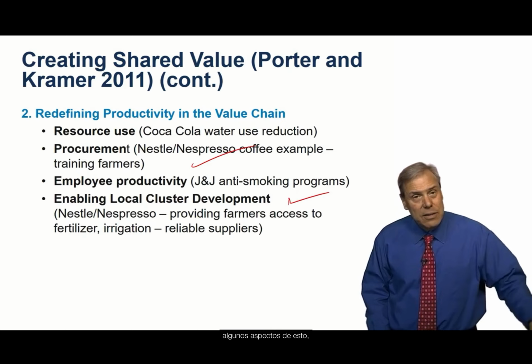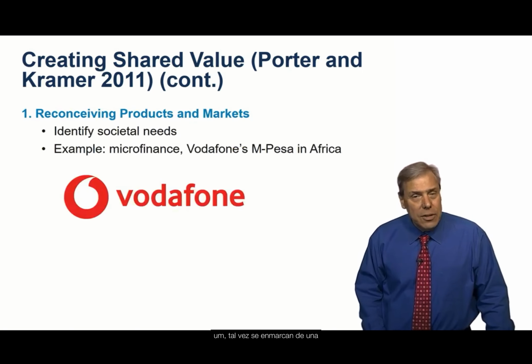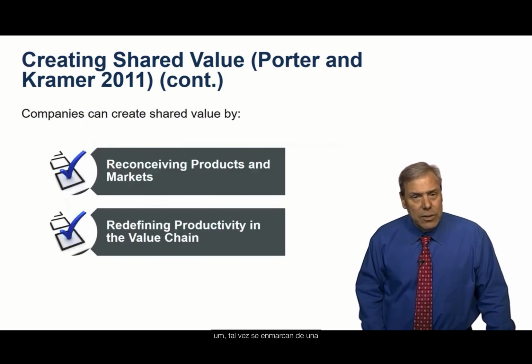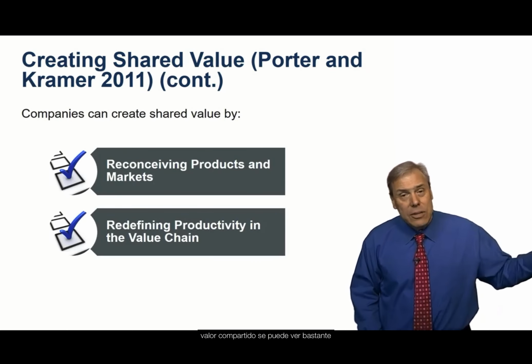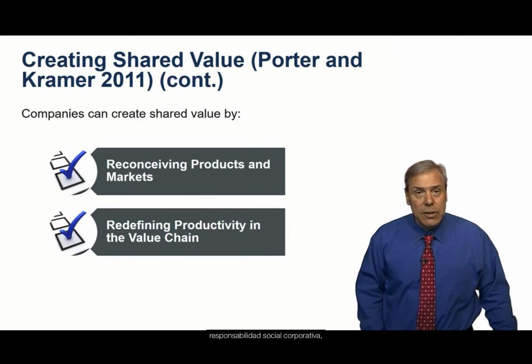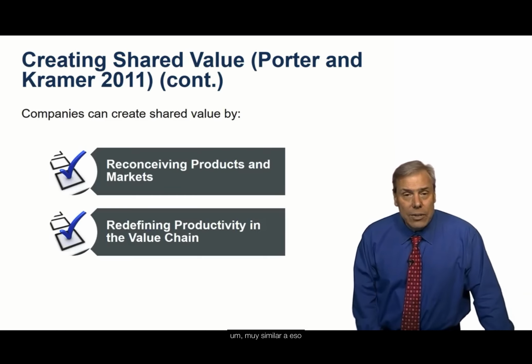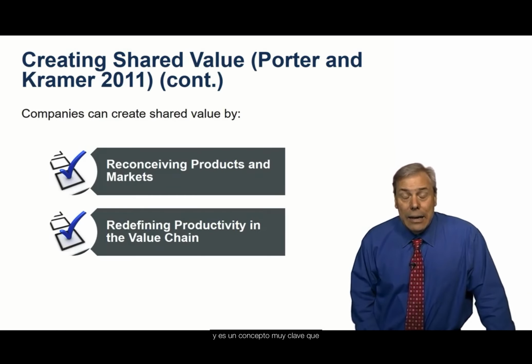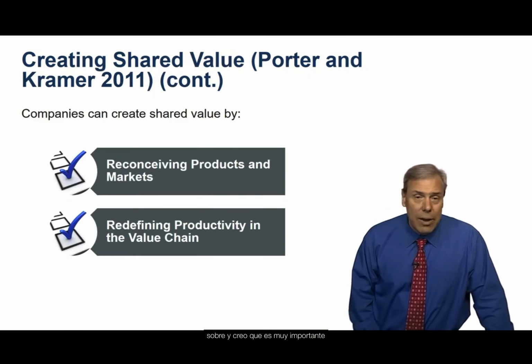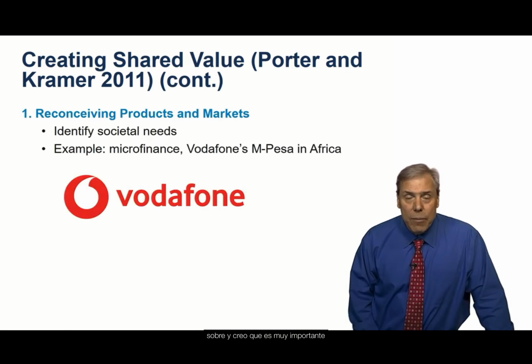Perhaps it's framed in a somewhat different way, but creating shared value is, you can see, quite related to the concept of corporate social responsibility, very similar to that. And it's a very key concept that you will hear people throw around and talk about. I think it's very important for managers to know and be aware of that.